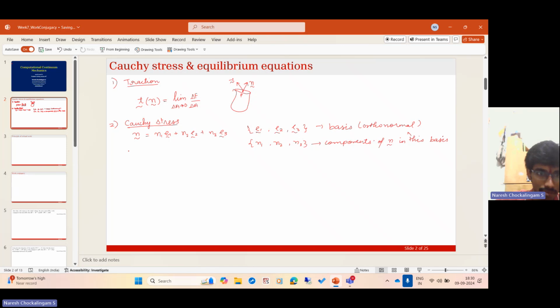Proceeding with this, it is possible to express the traction on the coordinate planes, where E1 is the YZ plane, E2 is the XZ plane, and E3 is the XY plane. On these planes, the traction can be expressed as a linear combination of the basis vectors.